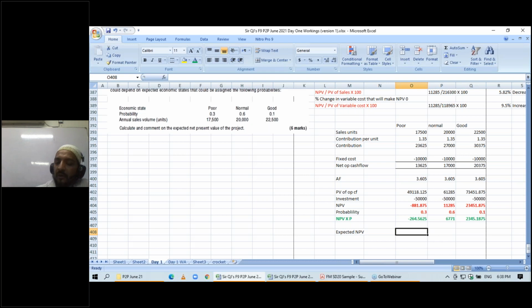And then after you calculate the NPVs which are in red, multiply them with the probabilities, which are also in red, 0.3, 0.6, and 0.1. And then you arrive at the green figures. And then you add all the NPVs into probabilities to arrive at the expected NPV, which is in yellow. So that's the expected NPV calculation, 8851.